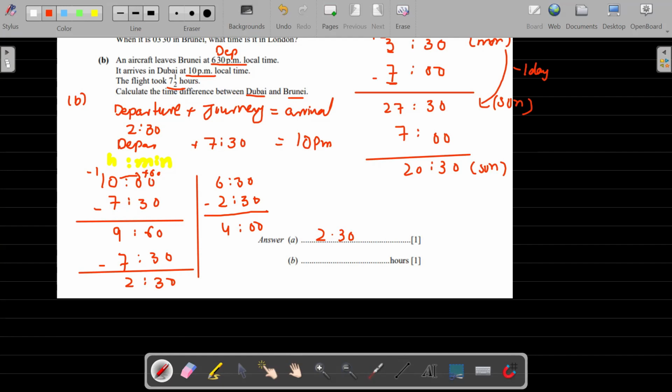The time difference between these two is 4 hours. The time difference between Brunei and Dubai is 4 hours. I hope you have cleared your concepts till here. All right, let's move to the next question.